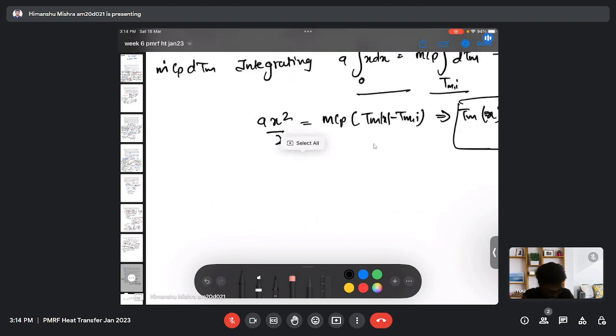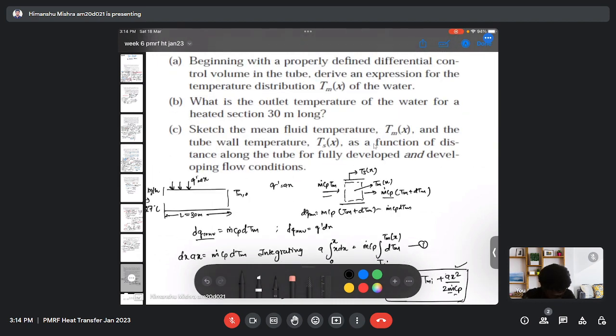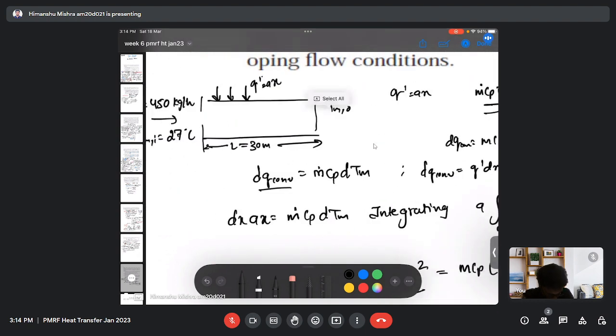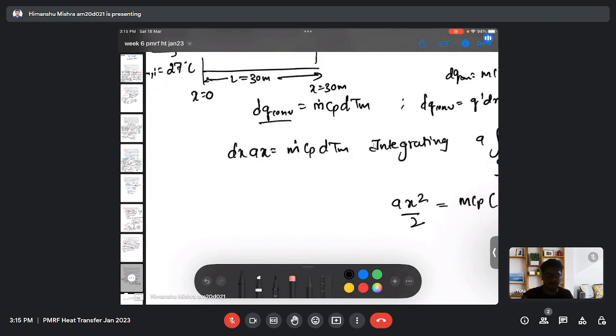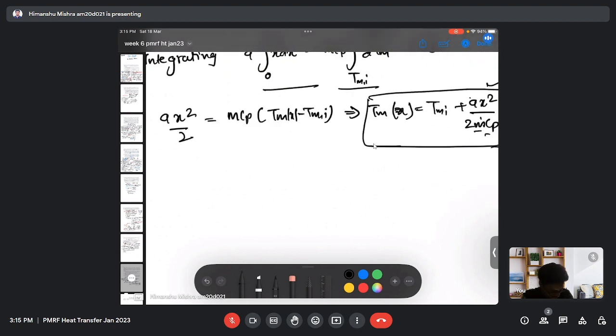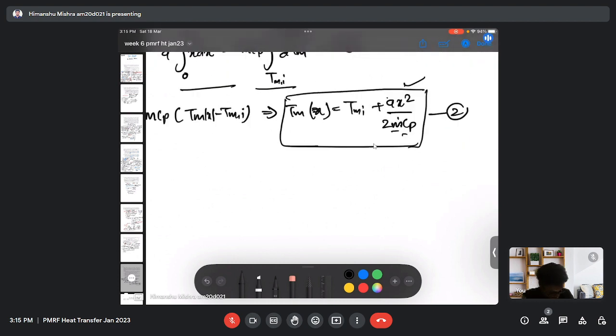Now we need to find the temperature at a distance of 30. If x equals 0 at the inlet, then at the end of the tube x will be 30 meters because the length of the tube is 30 meters. We just need to plug the values into equation 2.